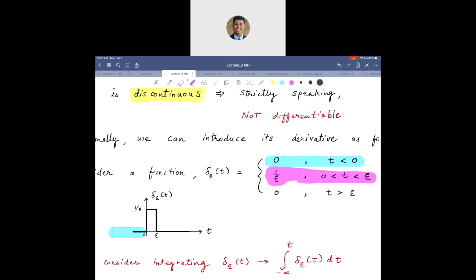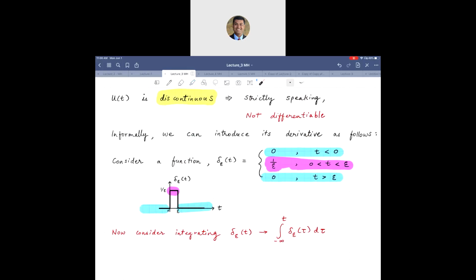And when it is greater than epsilon, you still get back 0. We are choosing those limits to make sure that the area of this is unity, 1. And you will see why that is useful later on.